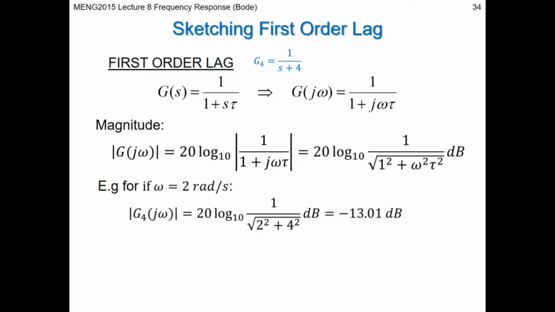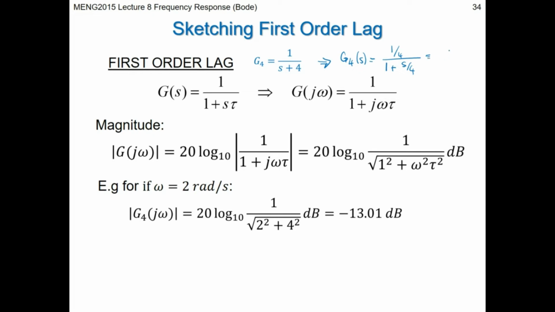So if we again select a value for tau, we could plug it in. I should have probably explained this before. You could also express this, if we leave it in the S domain, as 1 upon 4 over 1 plus S upon 4.